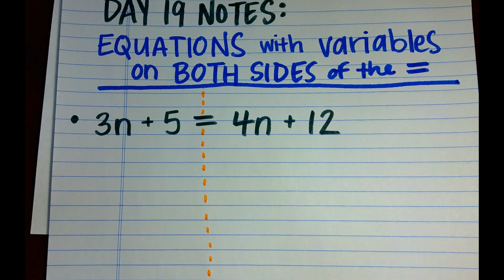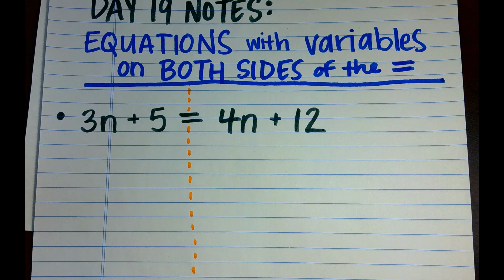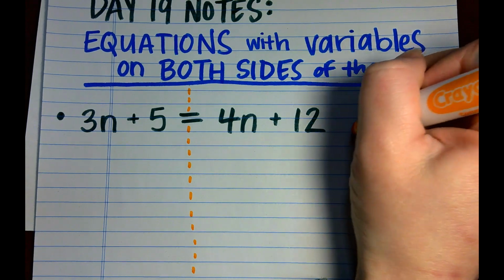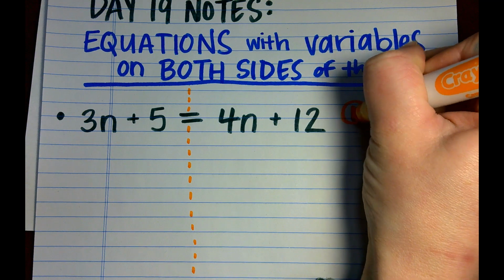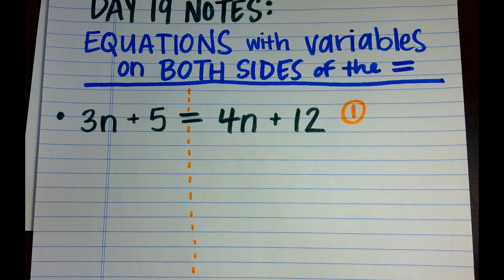Well, it's a little wiggly, but I'm making it a longer line, and I'm going to keep my work super organized. We're going to go one little baby step at a time. So we're going to say step 1 to solve this equation. What is the first thing we could do?